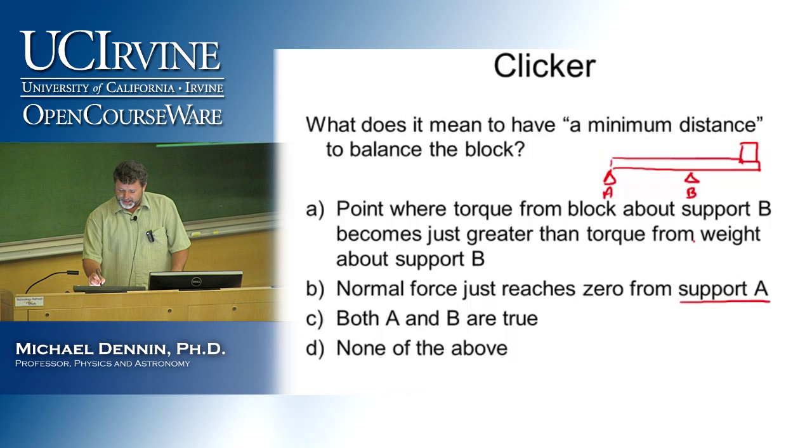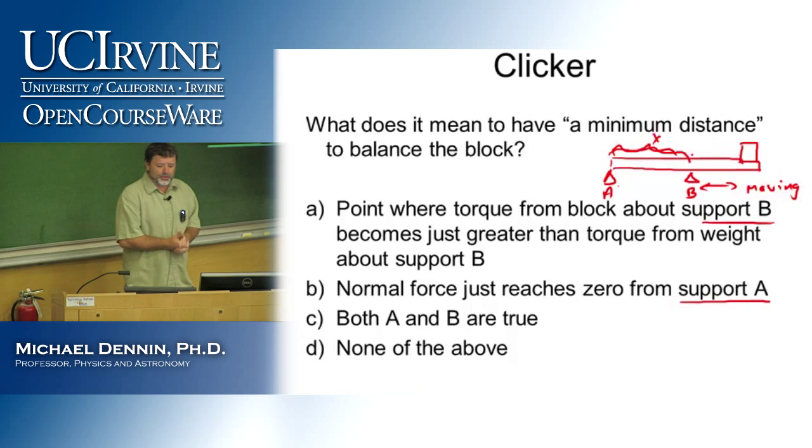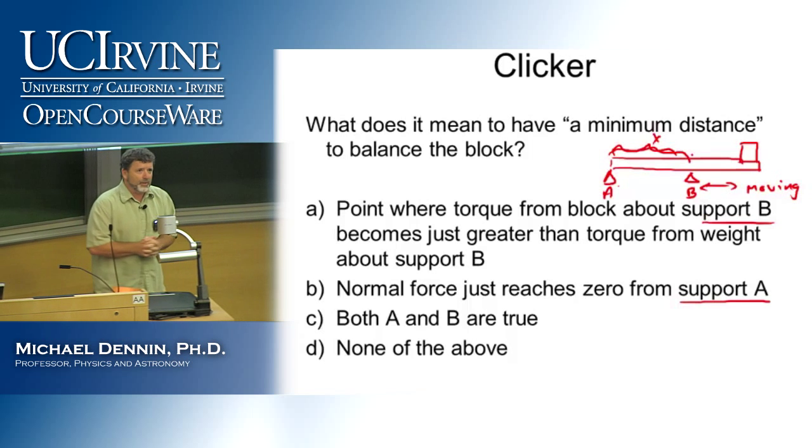So support A is that one. Support B is the one that I'm moving. And this distance X is what I'm looking for. The distance all the way to support B. So hopefully that helps you with your answer. Discuss this with your neighbor. This is a slightly tricky one perhaps. So let's make sure you get it right.